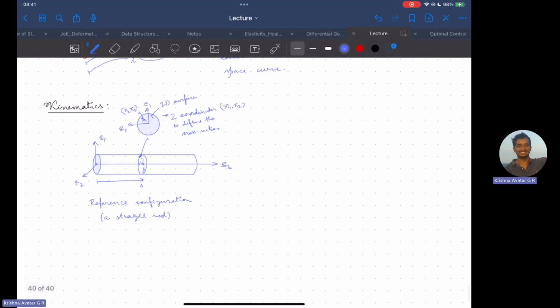Now, once this rod deforms, it acquires some configuration, some sort of bent, twisted configuration, say like this. It appears to be thicker, but it should not be the case.